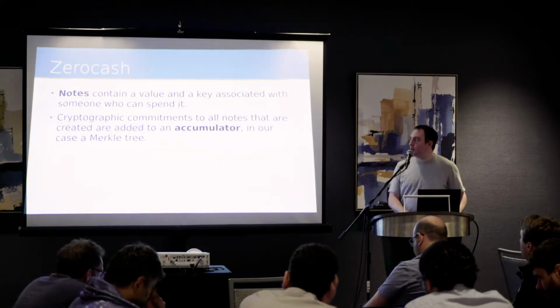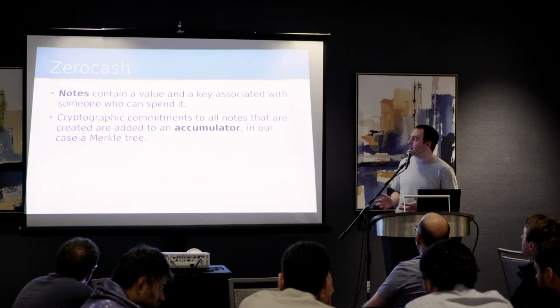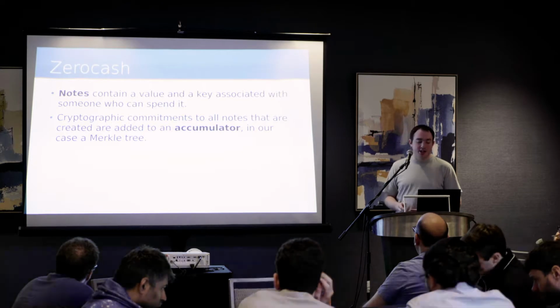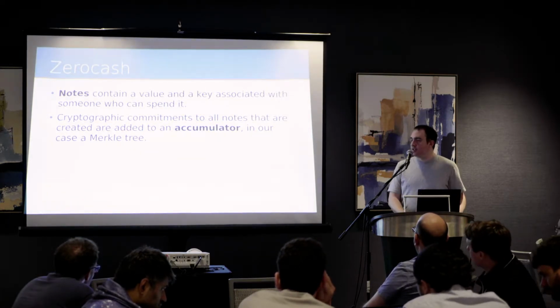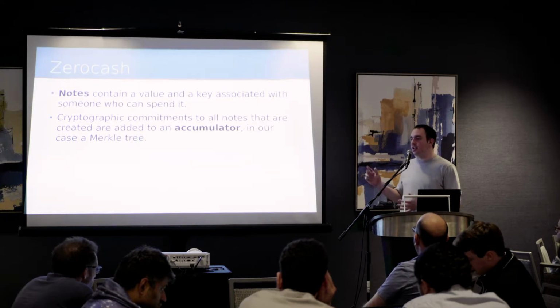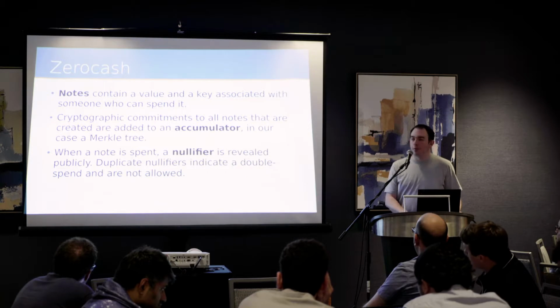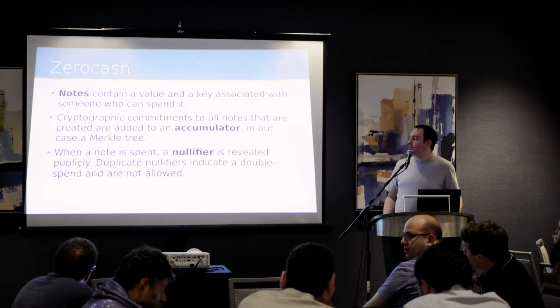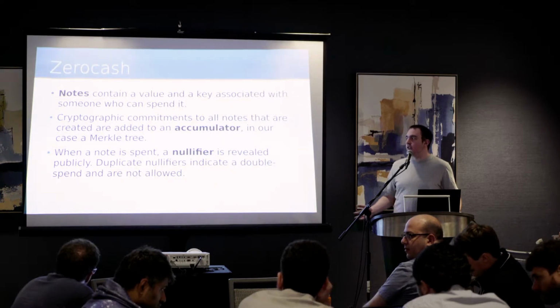When you're sending people money, you create a note, you make a commitment to it, and you place it in an accumulator, which in our case is a Merkle tree. So all the nodes on the network have a Merkle tree, and they just throw these note commitments into the tree. And when you're trying to spend some money, you reveal this nullifier that's kind of like a signature of the spend or a serial number.